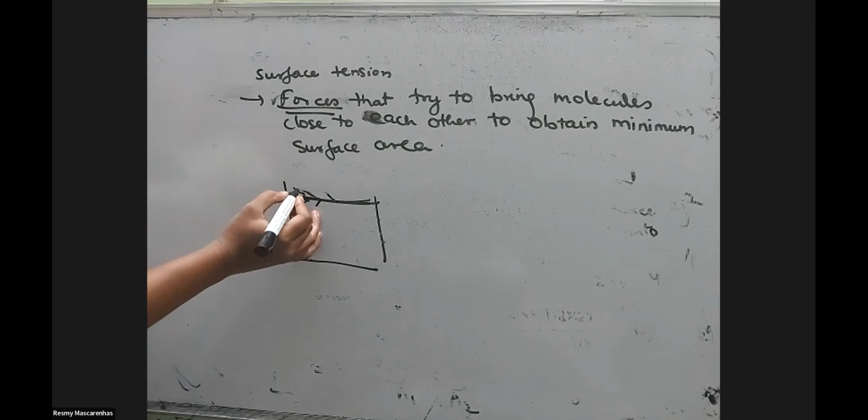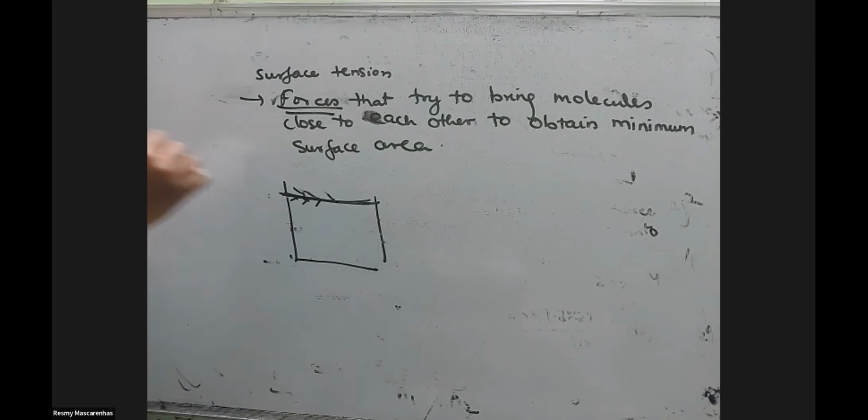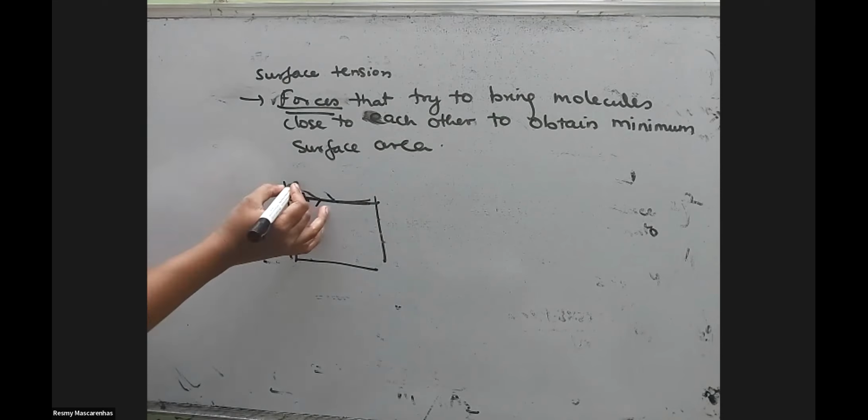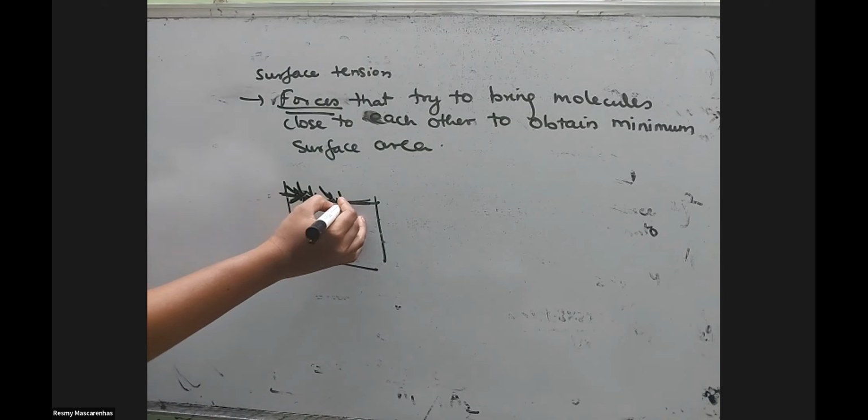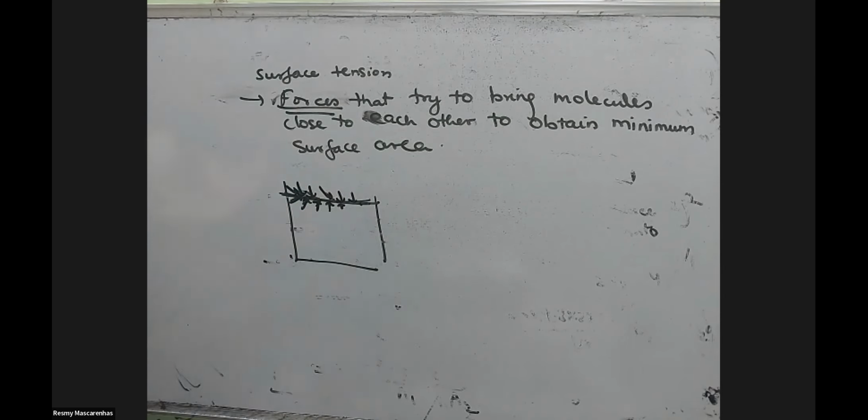So it is that force per unit length on an imaginary line drawn on the liquid surface, acting perpendicular to it on either side at every point and tangential to the liquid surface. It could be tangential also, it could be anywhere. Tangential means at an angle also. So there is some force per unit length which acts on the imaginary line drawn on the surface of the liquid. These forces help the molecules to be bound together.